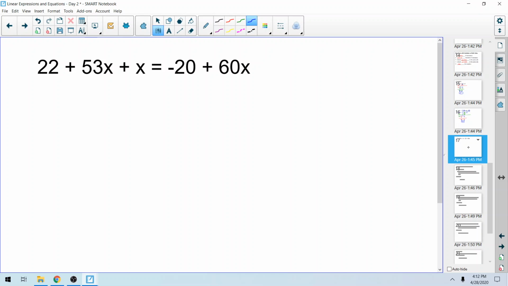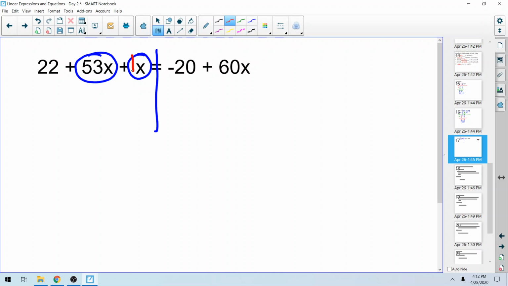Last one. Distribute if necessary. I don't see anything to distribute. Combine like terms. So over on the left, I see a 53x plus an x. Keep in mind, if it's just an x, it really has a coefficient of 1. There's one x there.